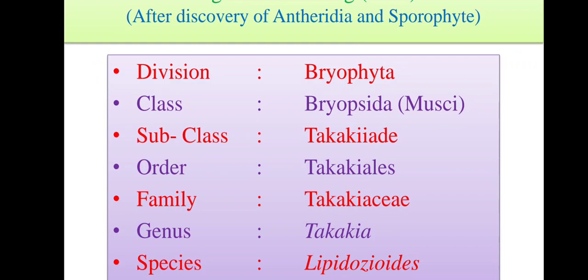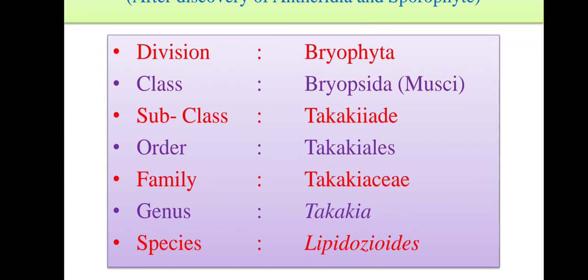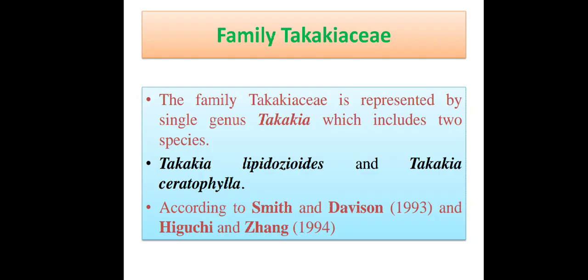All of you know the class Bryopsida is also known as Bryophyta and Musci. Subclass Takakiidae, order Takakiales, family Takakiaceae, genus Takakia, and species lepidozioides. Is that clear? Next part.